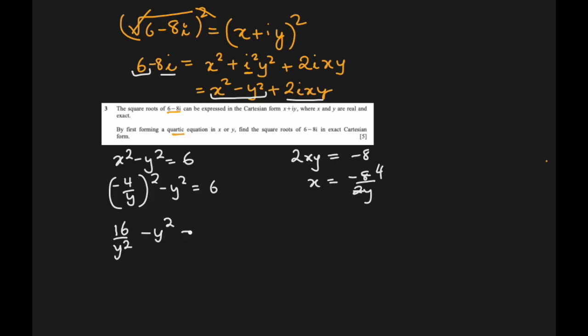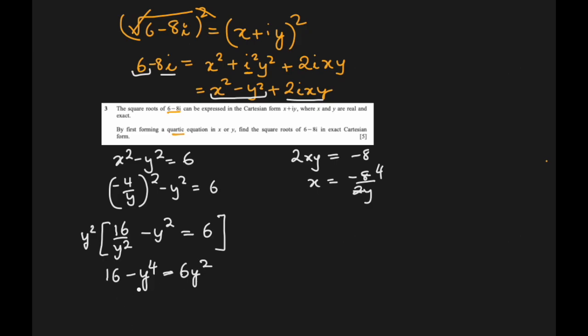Now it will become quartic, equal to 6. So if I multiply the whole equation by y square so that the denominator y square goes, it will become just 16 minus y to the power 4 equal to 6y square.